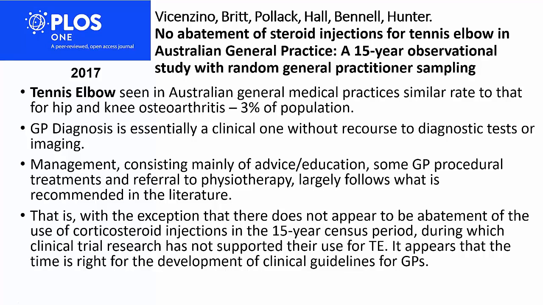This is quite an interesting little paper which came out maybe three years ago from a Brisbane group, looking at the incidence of tennis elbow in the Australian GP practice world, in a 15-year observational study on how things are progressing. What they find is that tennis elbow is actually very common in the general practice population, at a rate similar to hip and knee arthritis, so about 3% of the population. GP diagnosis is essentially a clinical one, usually without recourse to diagnostic tests or imaging.